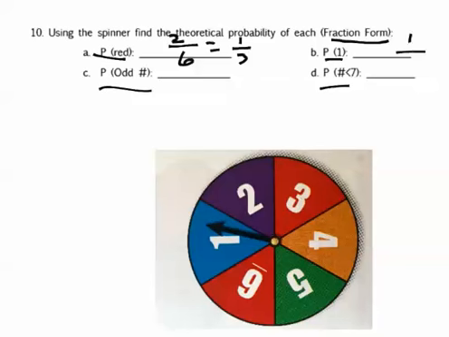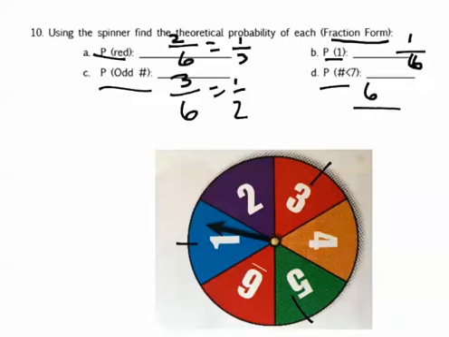Well, there's only 1 on the spinner, so that's the number of favorable events. And then how many numbers are on the spinner? 6. So 1/6. C, spinning an odd number. Well, 1 is an odd number, 3 is an odd number, and 5 is an odd number. So I have 3 odd numbers on that spinner out of 6, which is half. And probability of spinning a number less than 7, well, all of the numbers are less than 7, so I would say 6 out of 6, which is just 1.